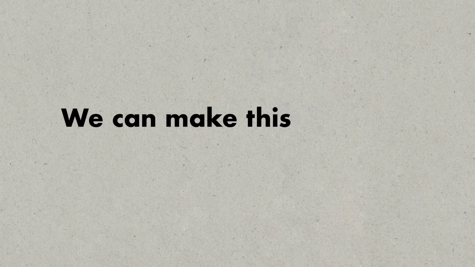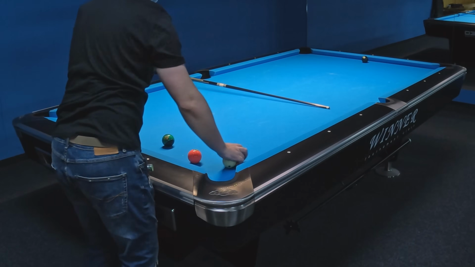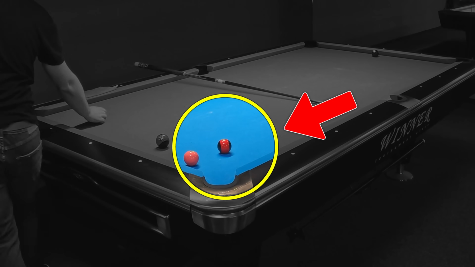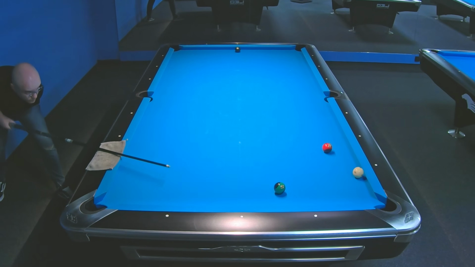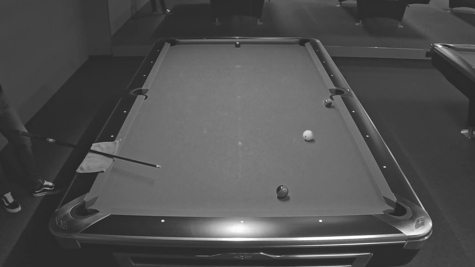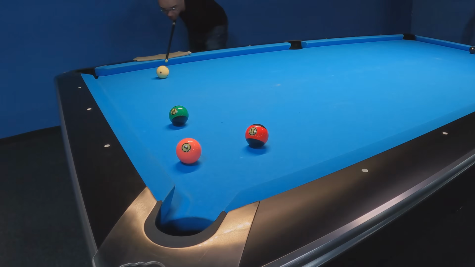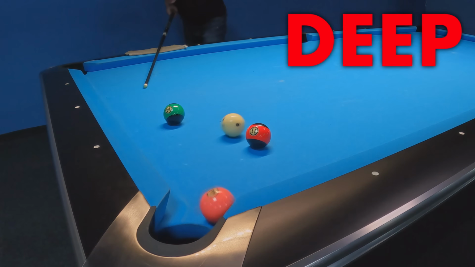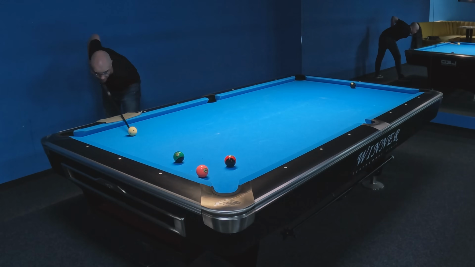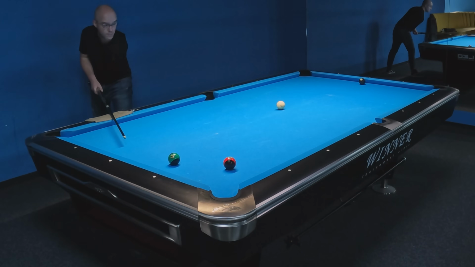However, we can make this situation even more difficult by placing another stripe ball that will block the optimal path. In this particular case, we need to play a deep draw shot that will allow us to avoid contact with the stripe ball.